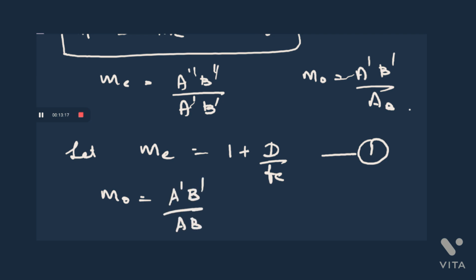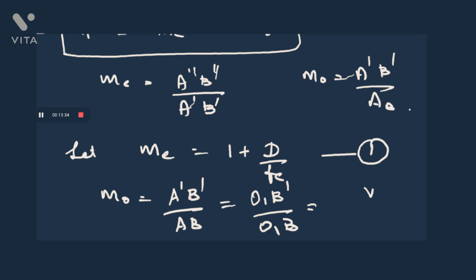And for M0, it is A'B' by AB. As you know, V by U is equal to H' by H. In the same sense, A'B' by AB can be written as O1B' by O1B. According to this, O1B' is V0, towards the left, and O1B is minus U0. Consider this as 2.